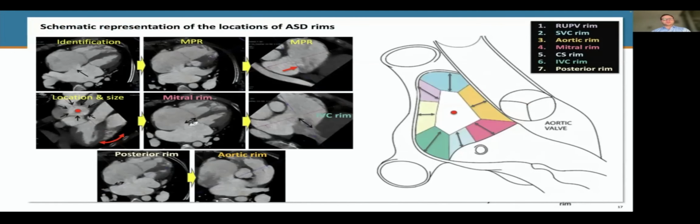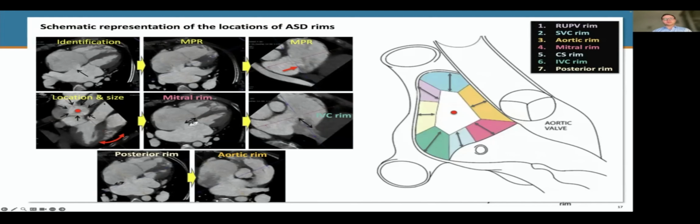So how do we measure these structures, these rims? The first step is the identification of the ASD, as you can see in the left upper image. After we identify the ASD and place our crosshair in the center of the ASD, we rotate it so it aligns with the interatrial septum in at least 2 planes.